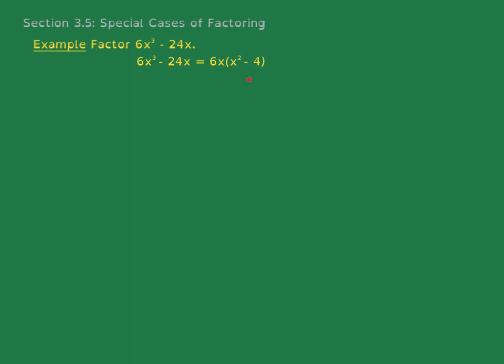And then we want to make sure we fully factor it, and this factor can still be factored further. In fact, x squared minus 4 is a perfect example where we can use the difference of squares. Let's go ahead and factor it. This now factors to 6x times x plus 2 times x minus 2 by the difference of squares. Nice job!